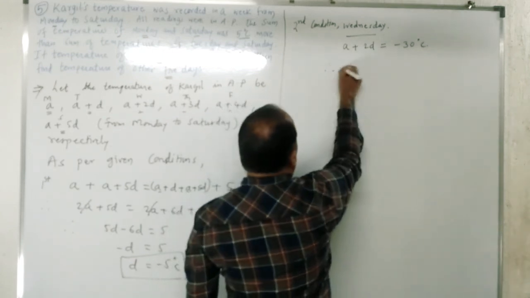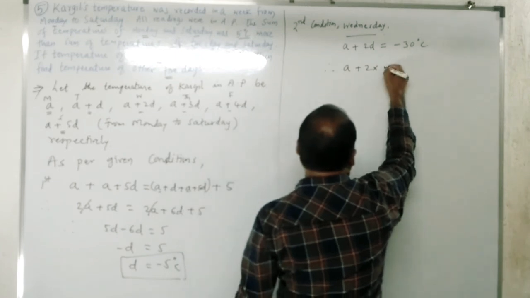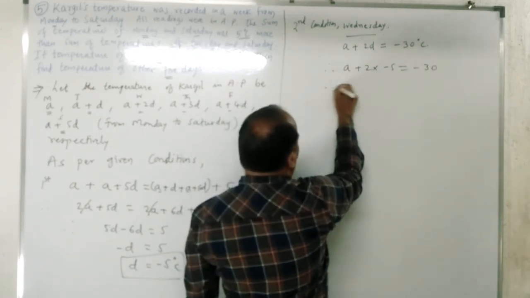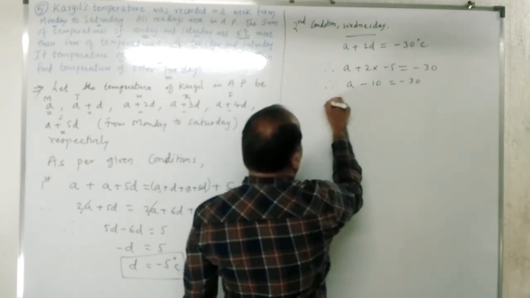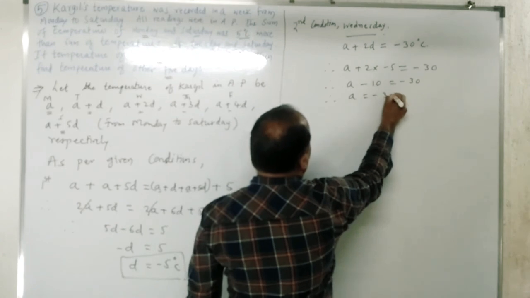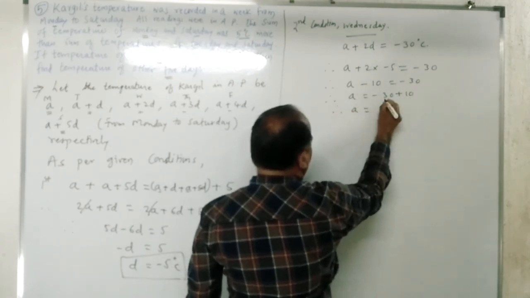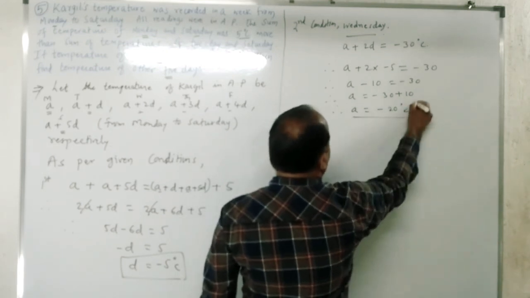Therefore, A plus 2 into minus 5 is equal to minus 30. Therefore, A minus 10 is equal to minus 30. Therefore, A is equal to minus 30 plus 10. Therefore, A is equal to minus 20 degree Celsius.